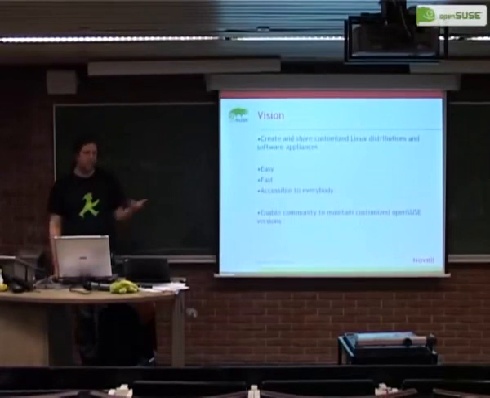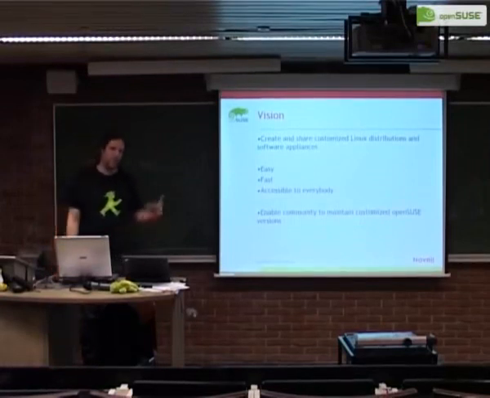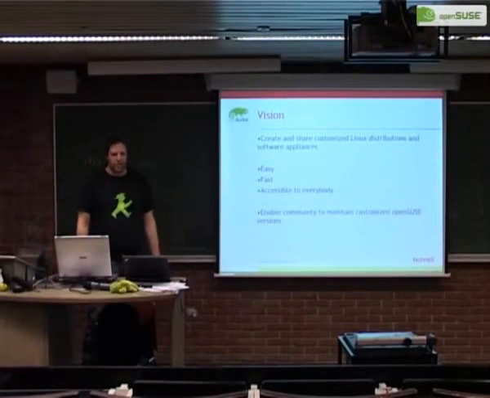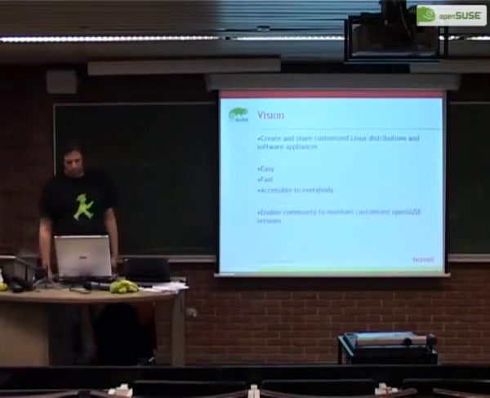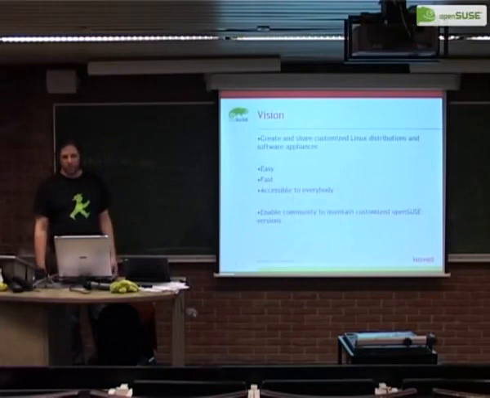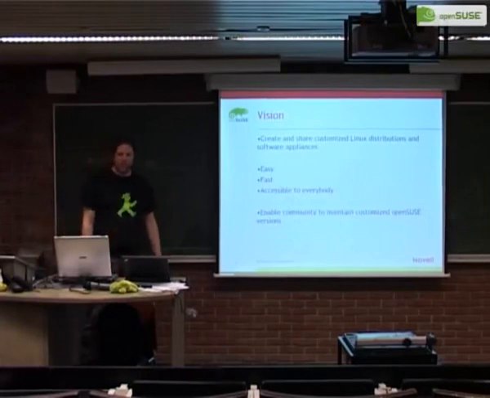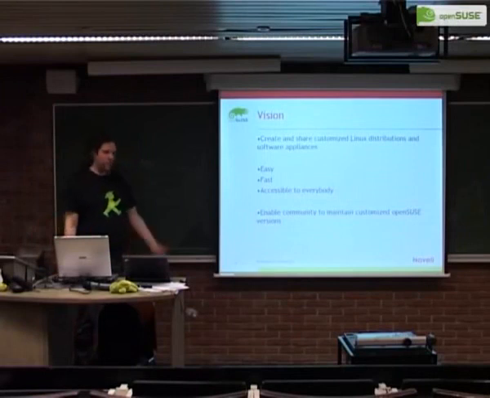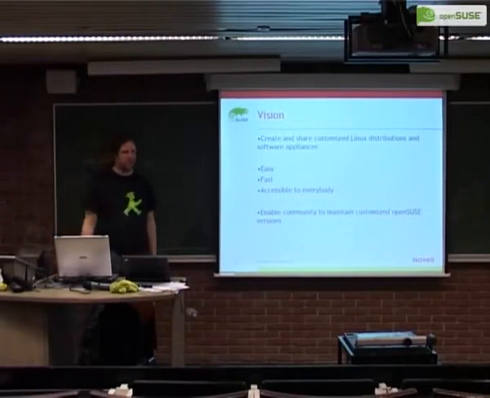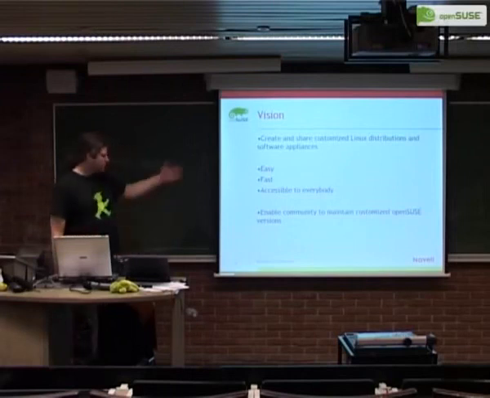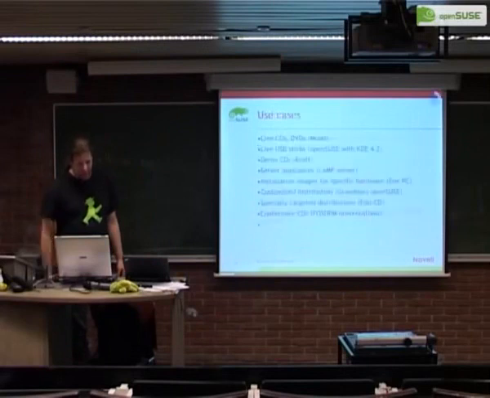So it makes life easier for customers, for users, for creators, for everybody. A software appliance can be either a virtual appliance, like a VMware image or something you run under KVM, or it can be, for example, a live CD, which we also consider to be an appliance in the context of Studio. And our vision is to make this as easy as possible.